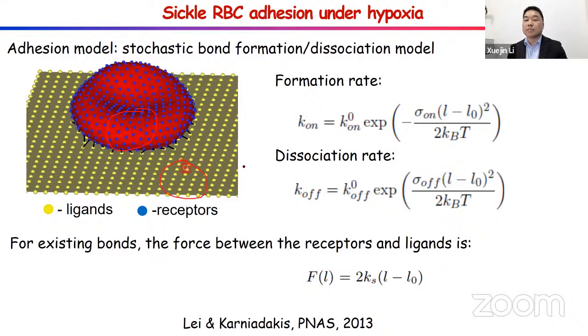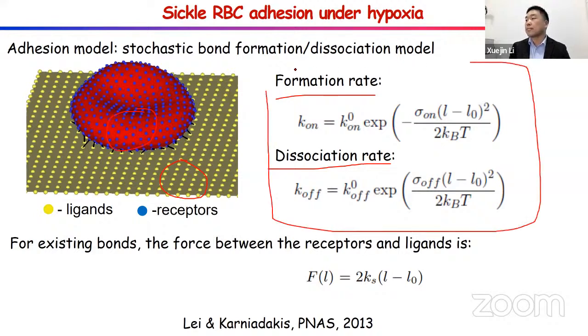These yellow dots represent the ligands coated on the blood vessel walls. In the simulations, the blue dots and the yellow dots can form dynamic bonds depending on the formation rate and the dissociation rate. The formation rate and the dissociation rate are shown in these two equations.